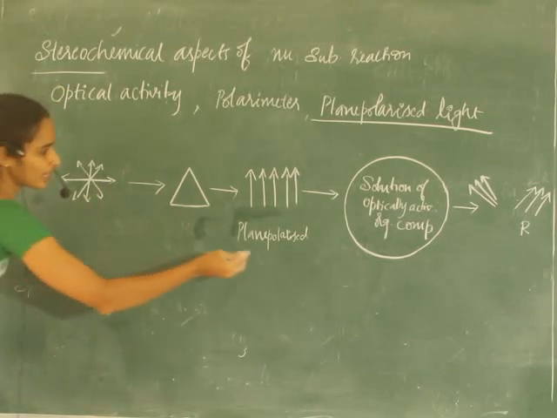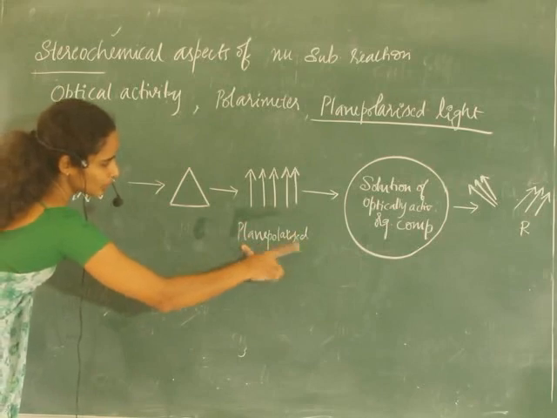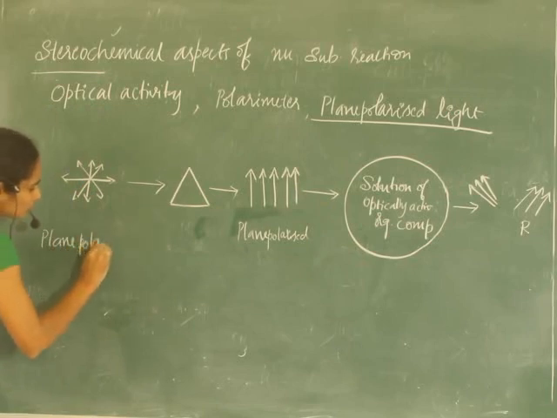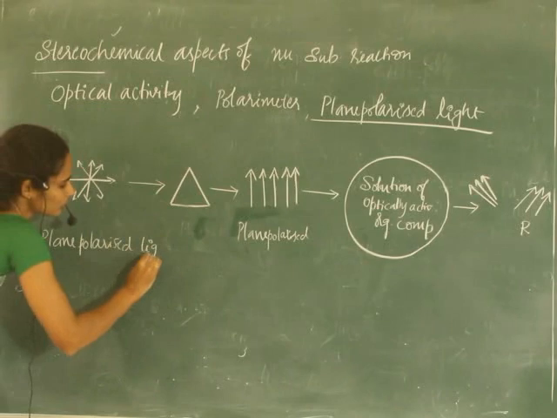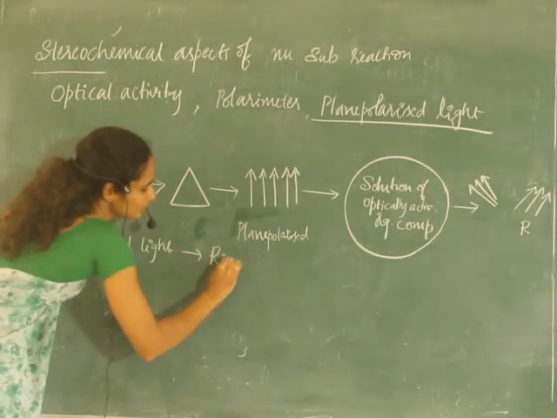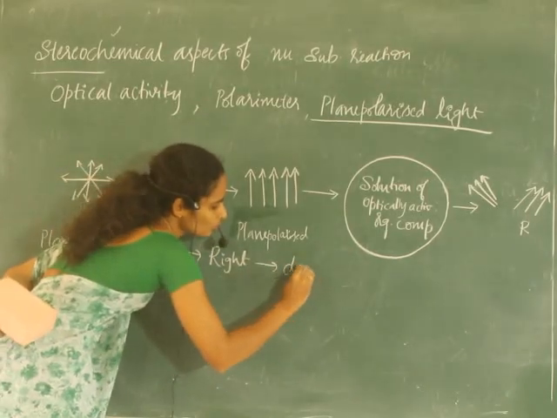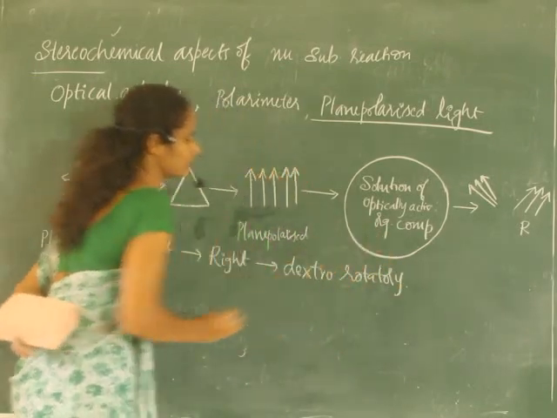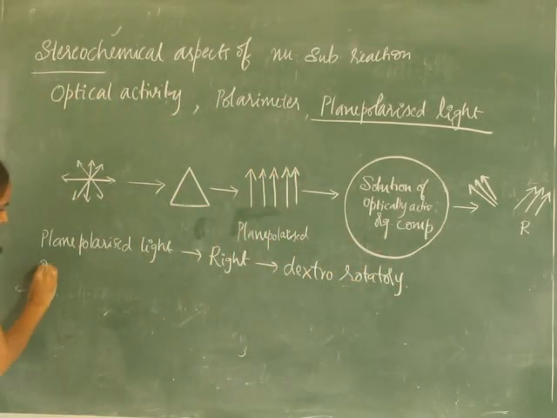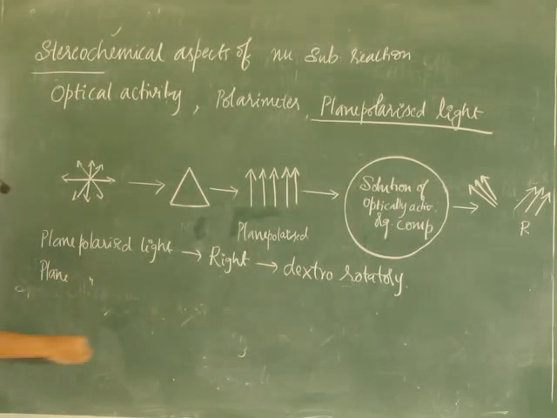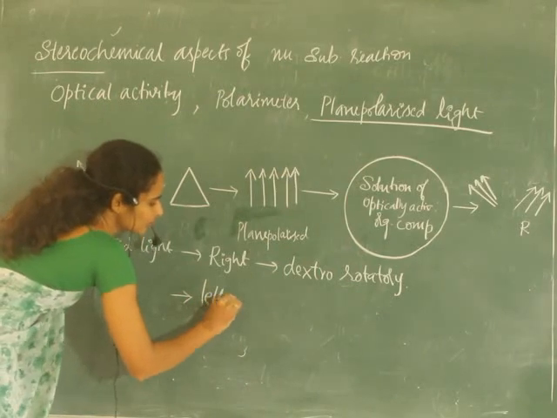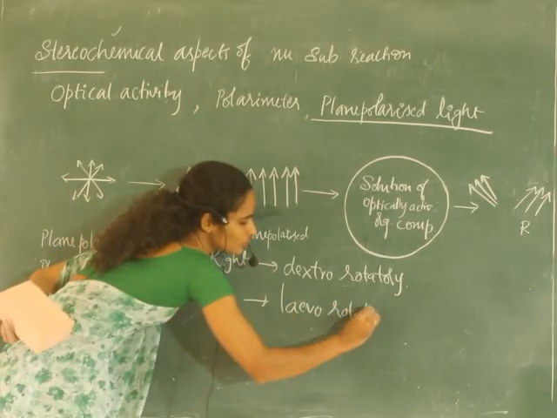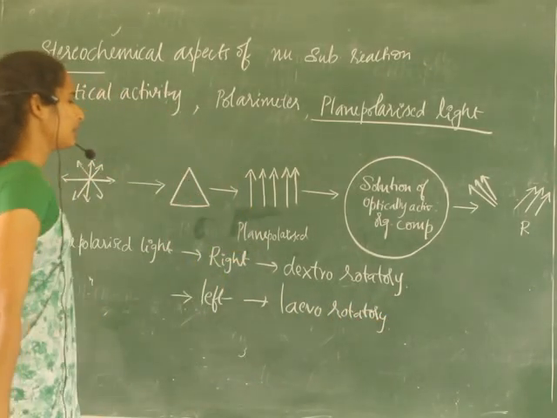If our compound rotates plane polarized light to the left side, it is called levorotatory.